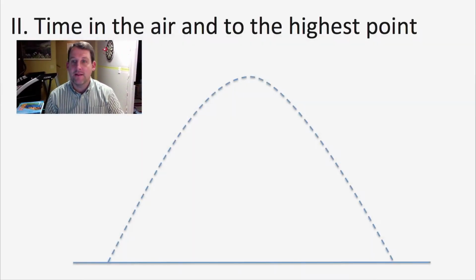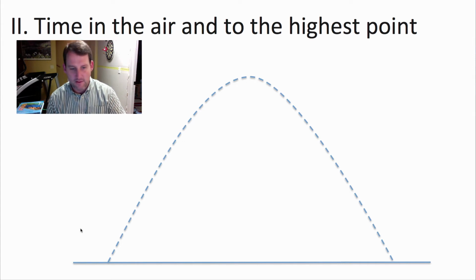Time in the air and time to the highest point. Like I said before, knowing the time things are happening at makes using equations a lot more simple. So we'll always start here with trying to figure out what time things are happening at. So if we have an object that's launched like this, it's going to follow this track roughly along here. And let's say that we start out with a starting velocity along this route here.